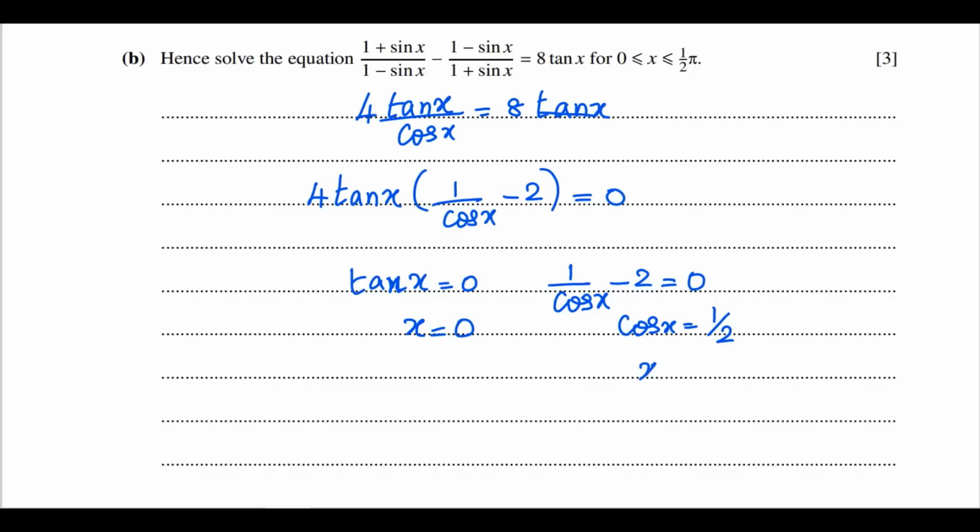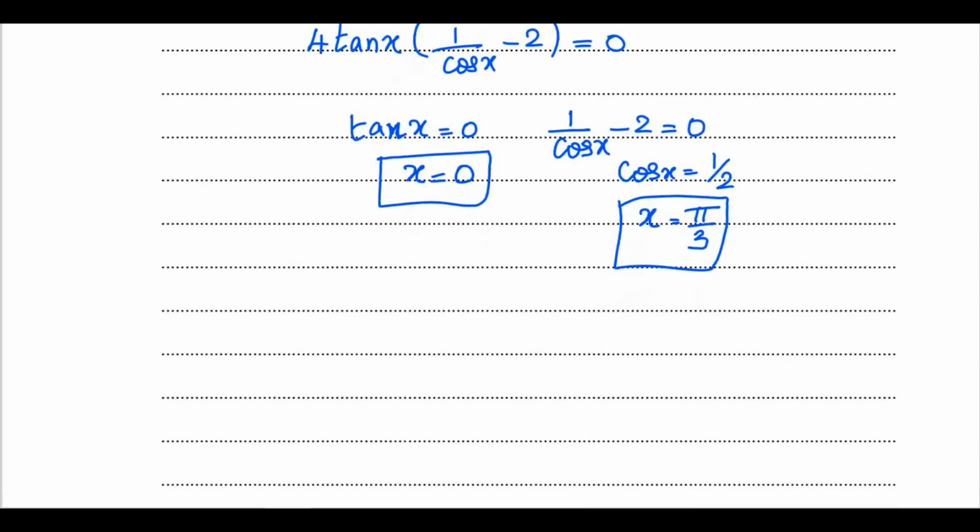Here the range is given 0 to pi over 2, so we have to write in radians. So pi over 3. So x equal to 0, and one more solution is x equal to pi over 3.